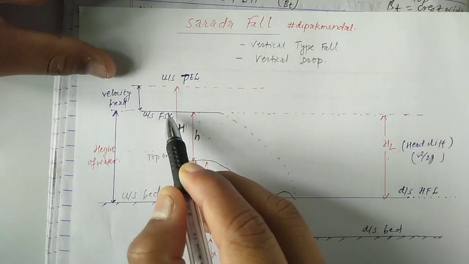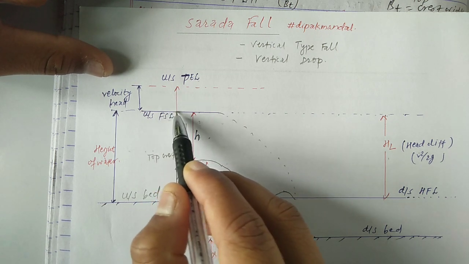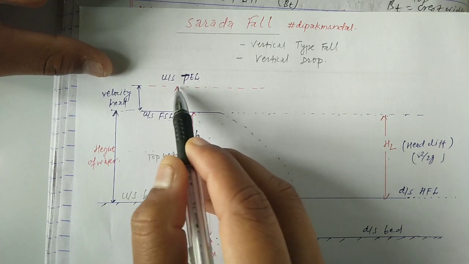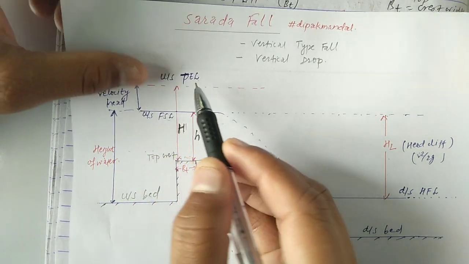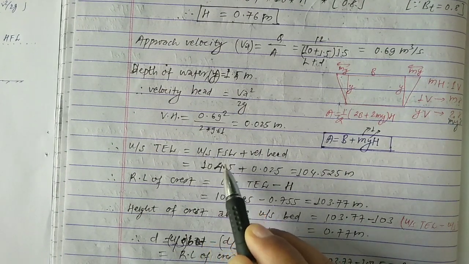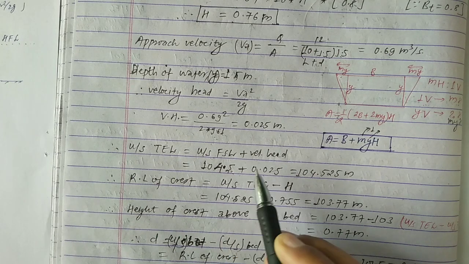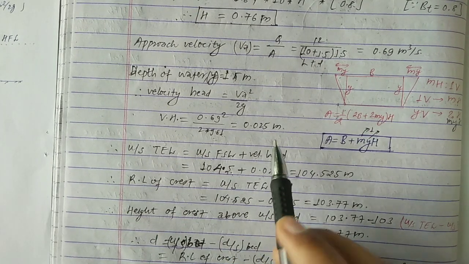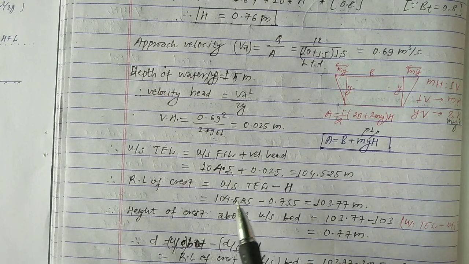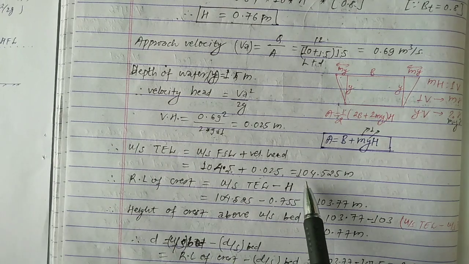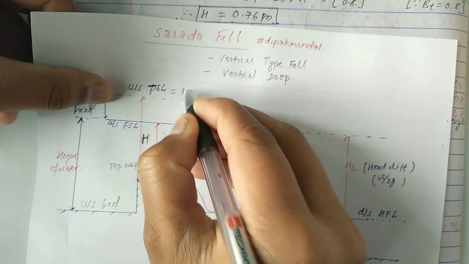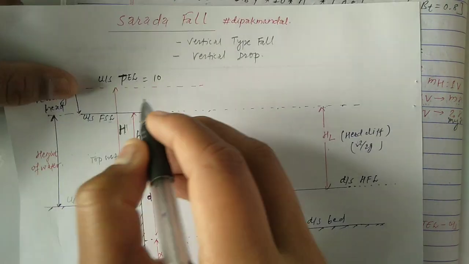You can see here, when we add the velocity head to the upstream full supply level, we reach here, that is the upstream total energy level. The upstream full supply level is 104.5, given in the question, and the velocity head we have calculated is 0.025. So we just add these two values. After adding, we get the upstream total energy level of approximately 104.5.